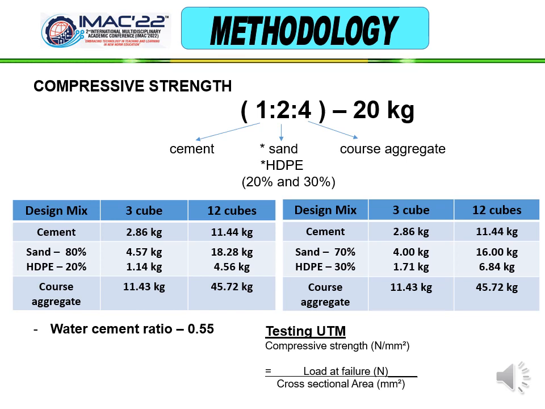The samples are the control samples, 20% HDPE samples and 30% HDPE samples. Compressive strength was conducted using the UTM machine, which is the universal testing machine. Okay, this data shows the weight of every single design mix that I use for this research.